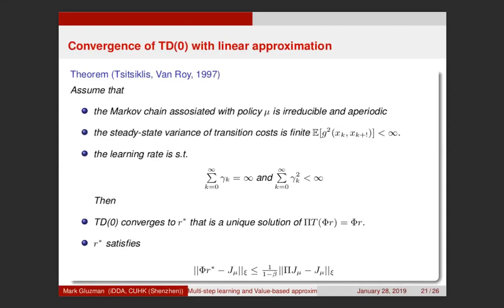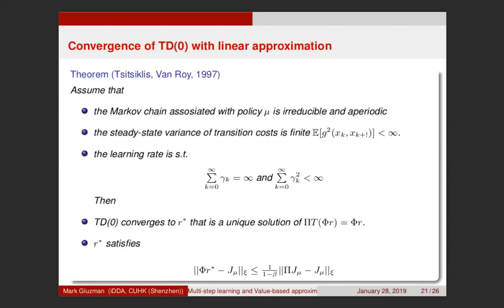Not clear? One more time. The algorithm is converging to Φ R star. But after some finite number of steps, let's say n steps, you have an estimation of R, R_n, and your estimation of the value function is Φ R_n.